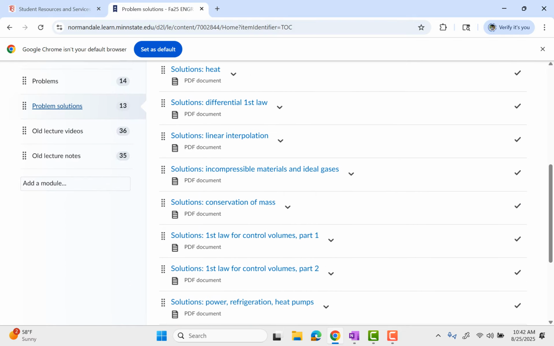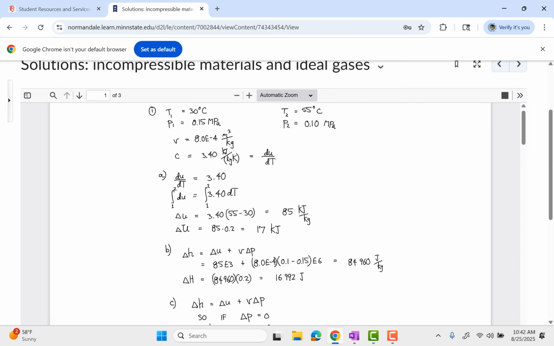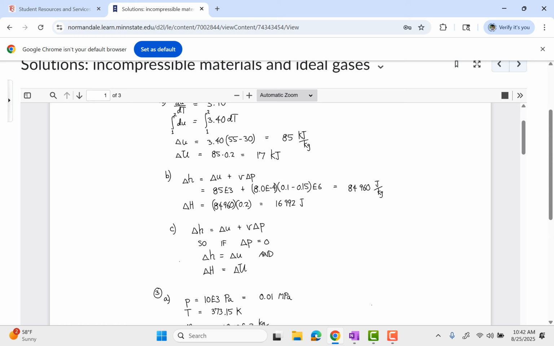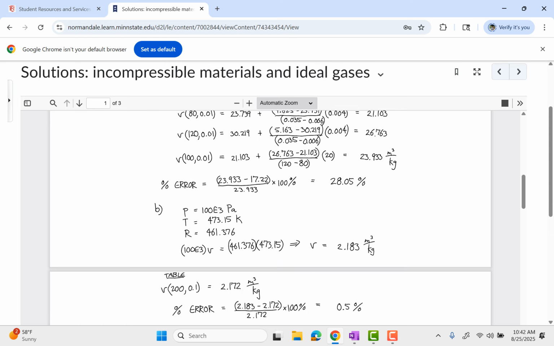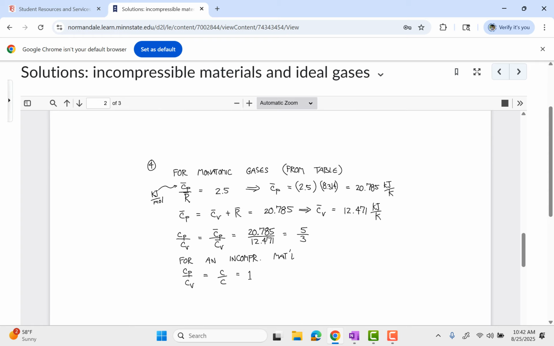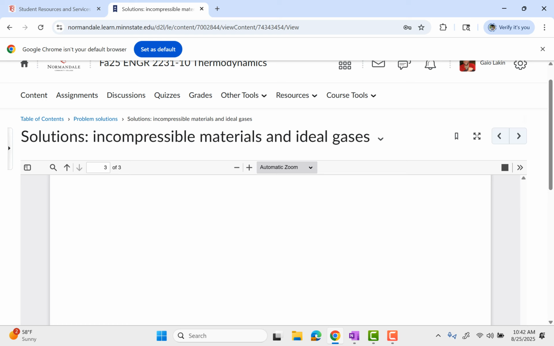Let's look at one. But you can see it's pretty detailed step-by-step solutions. But for this one, I have a solution for number 1, number 3, number 4, number 5. So there'll be ones where you'll want solutions and they're not there.